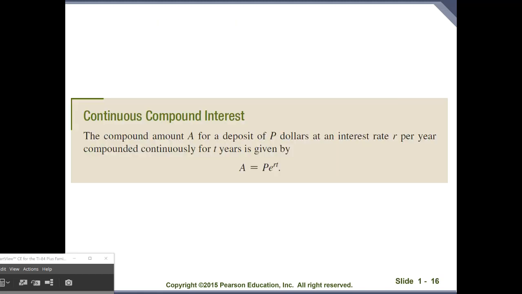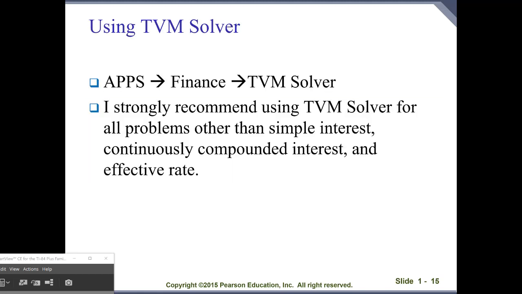On the TI-83 and 84, there's an application that is built in called TVM Solver. TVM stands for time value of money problems, and it helps us solve these types of problems. Honestly, for compound interest, using the formula is pretty quick, and it's perfectly fine to do.